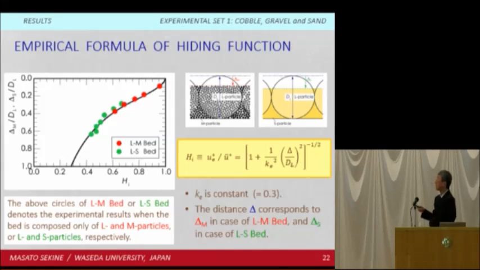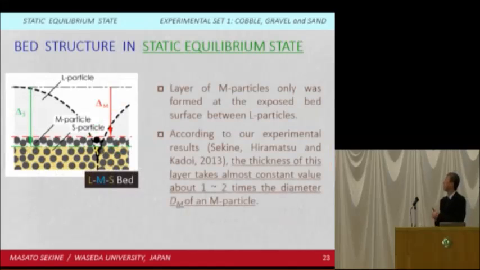Based on these data, we derived the empirical relation like this and formulated it by this equation. So we can estimate the actual active frictional velocity or shear stress on this surface by this equation. So that's the result of the two-size sediment case.